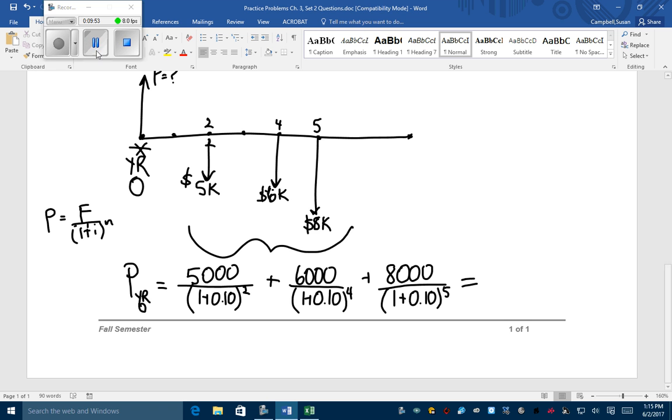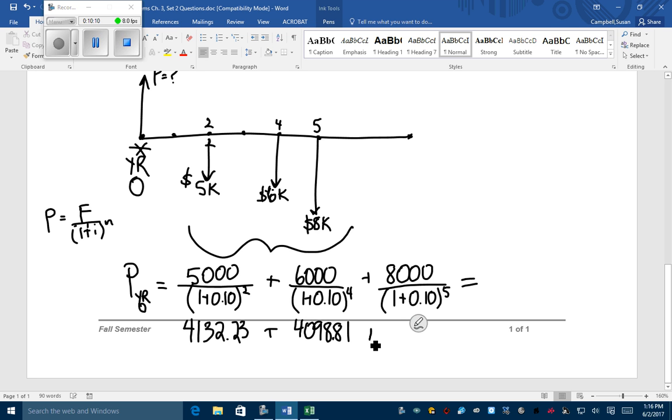And if I do the math on that, it results in an answer of 4,132 plus 4,098.81 plus 4,967.37.